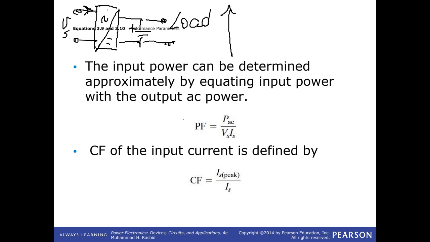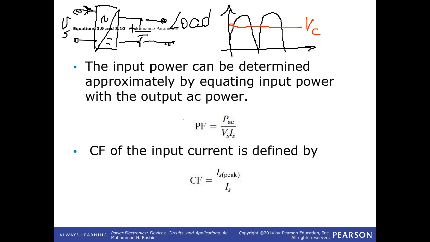Since your waveform is something like this, but if you have the capacitor or a battery fully charged like this, then what's going to happen?